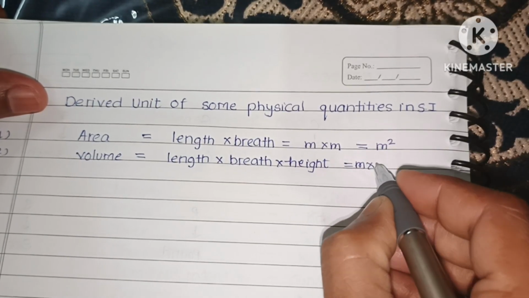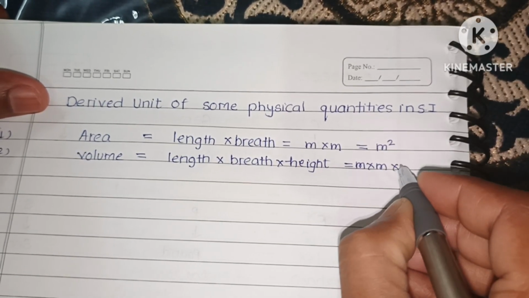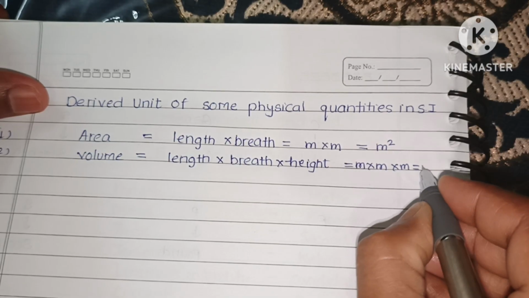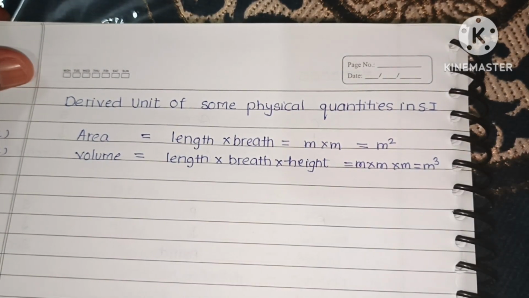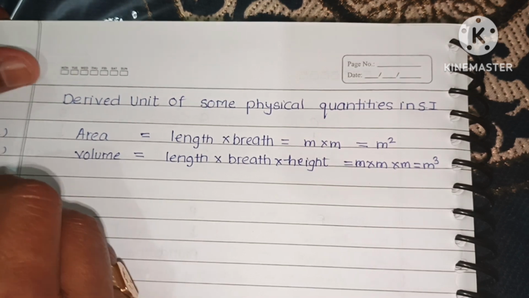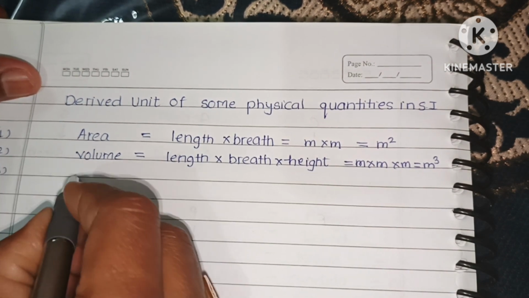Meter, meter, meter, so that is meter cube. Third one is density.